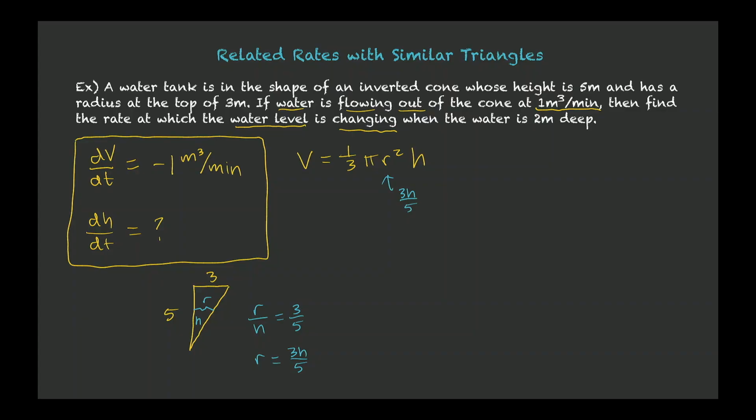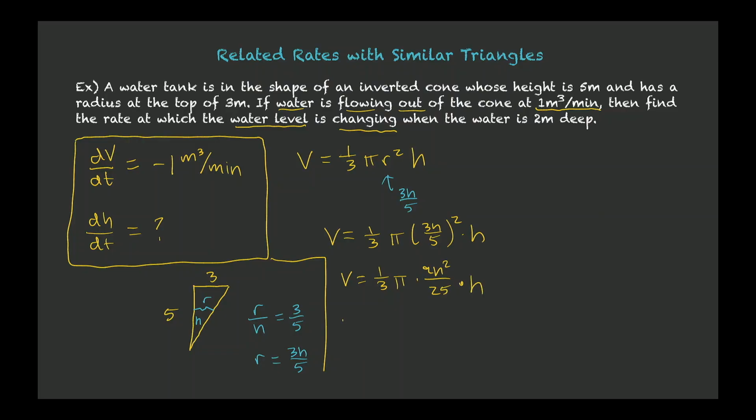All right, so let's do that algebra. We'll get our volume is equal to 1/3 pi. Instead of r, we'll write 3h over 5 all squared times another h. We can simplify this, so we'll get 1/3 pi. We'll square 3h over 5, giving us 9h squared over 25 times another h here.